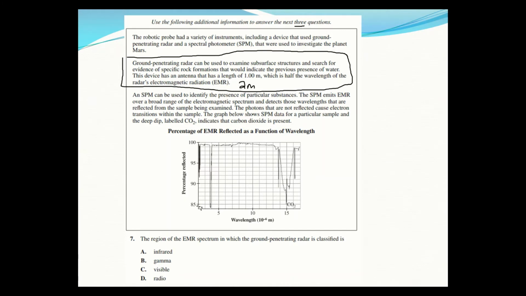Anywhere from 1 kilometer to 1 meter is all in the radio range. All these others are really, really small. The only big one is radio. So the bigger the waves, the more they're in radio.